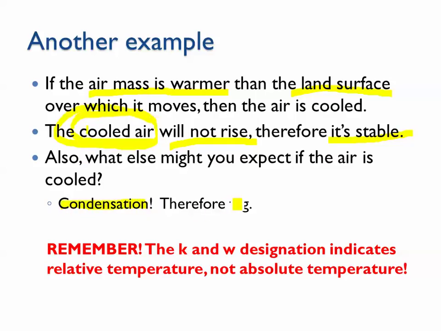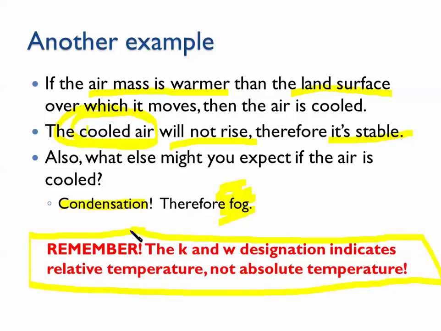And that condensation is going to produce fog. This would have that W designation because it's warmer air, and often that will produce fog. So the key thing to remember is that the K and the W designations do not indicate absolute temperature. If it's a K, it doesn't mean the air mass is cold. It just means it's colder than the surface over which it moves.